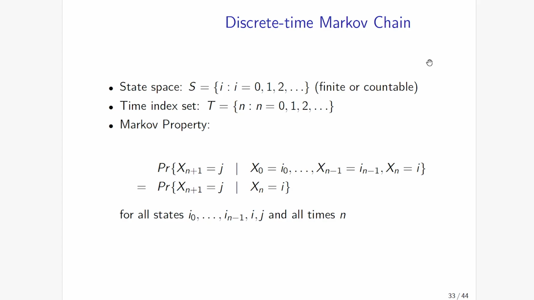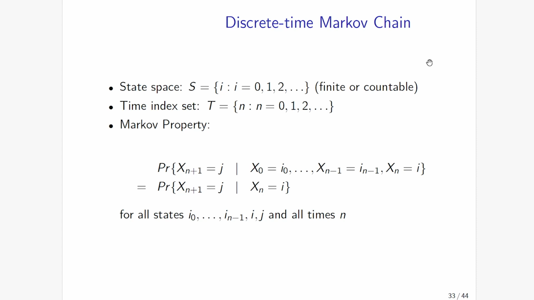Now, with Markov chains, these are interesting stochastic processes where we consider there being a state space, capital S, where we can index possible states of the process beginning, say, with 0, and the integers, and it could be a finite number or a countably infinite number. And then we have a time index set with n varying from 0 through the positive integers.